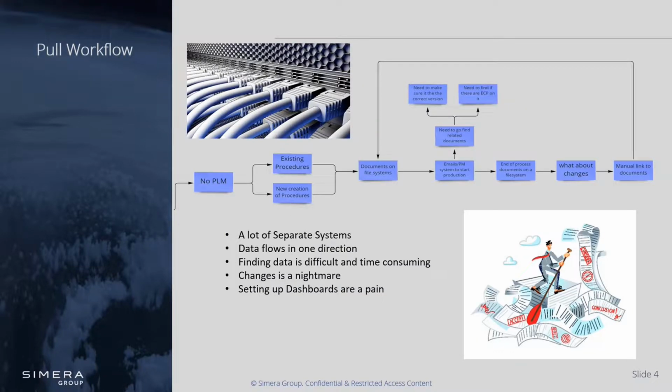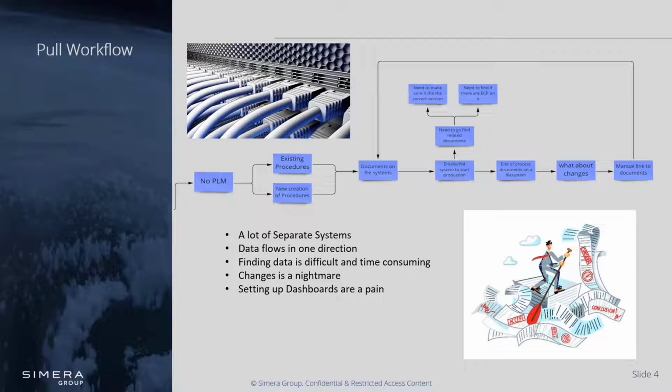So let's start with, what is a pull workflow? The pull workflow is one where the steps are known, but the data for this workflow is in several locations, usually including company servers, local hard drives, test machine hard drives, measurement equipment locations, production records, most probably on paper copies, etc. So multiple locations, usually not linked at all.